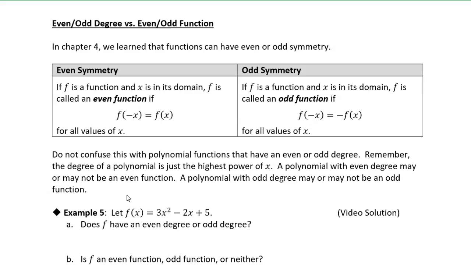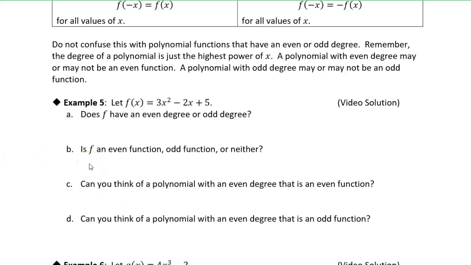Maybe I should say it the other way around. An odd degree polynomial is not necessarily an odd function, all right? And an even degree polynomial is not necessarily an even function. So let's take a look at example 5 and probably 6 too. I think I can do it in one video.